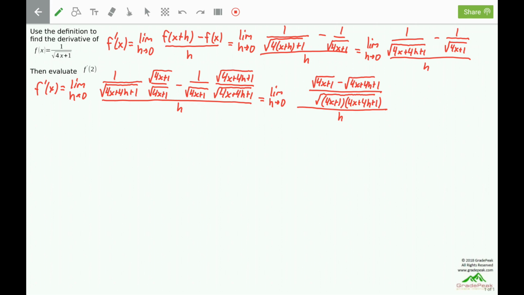The next thing to do, since we have a fraction in the numerator, is to take the fraction in the denominator, reciprocate, and multiply it. It's not a fraction right now, but it can be made a fraction by putting it over 1. And now we will reciprocate and multiply.